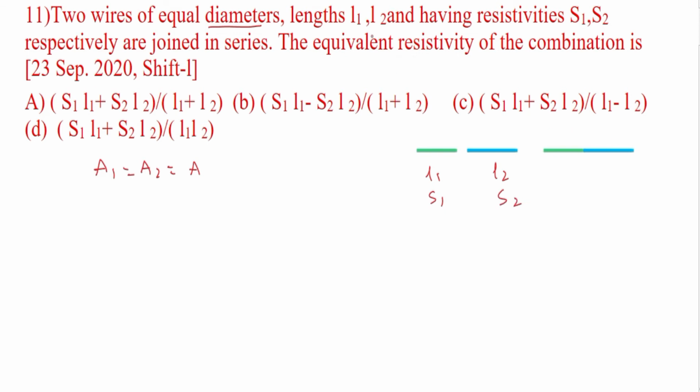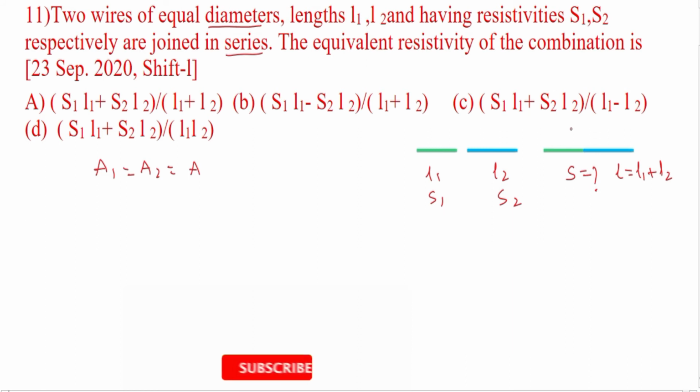You have to calculate the equivalent resistivity, so let me take the equivalent resistivity as S, and the total length as L, which is equal to L1 plus L2. It is given that these two are joined in series.